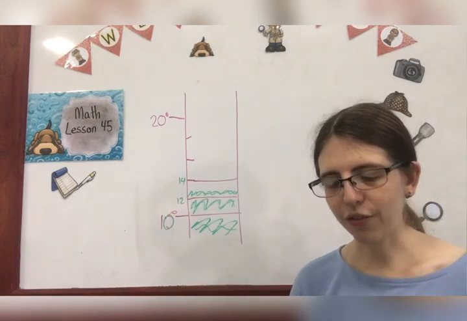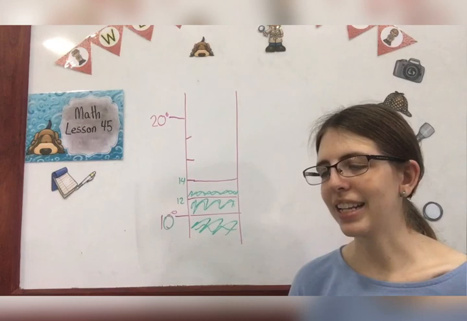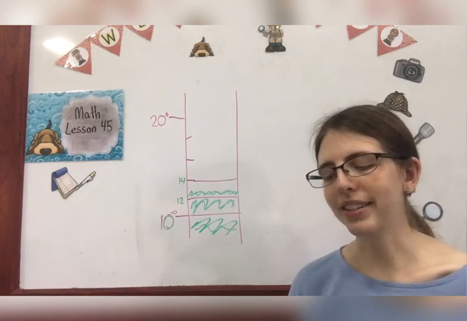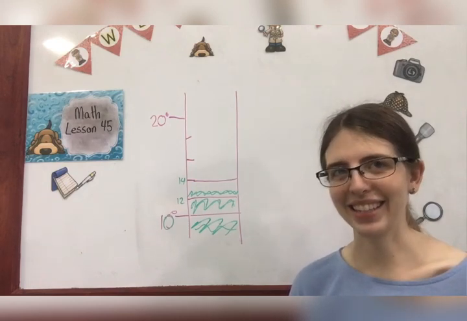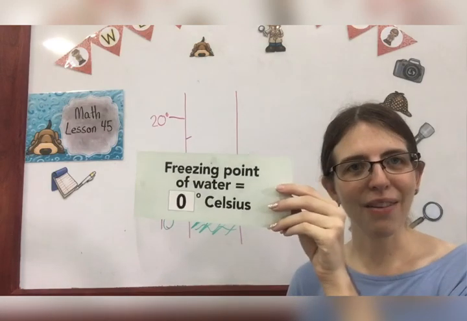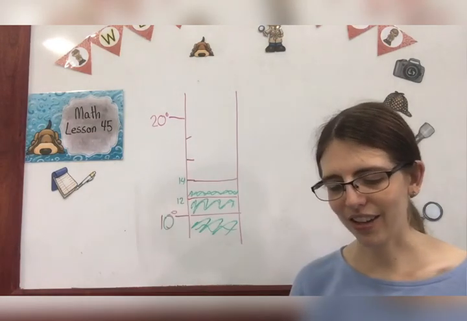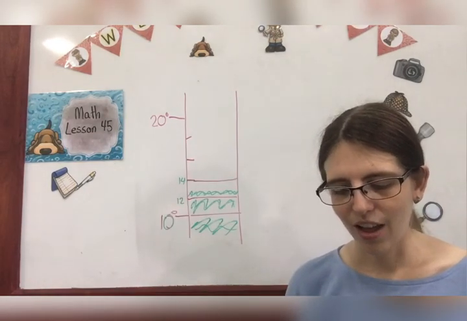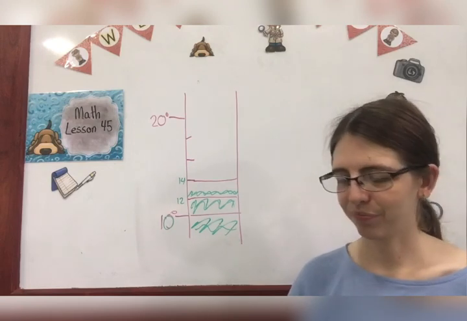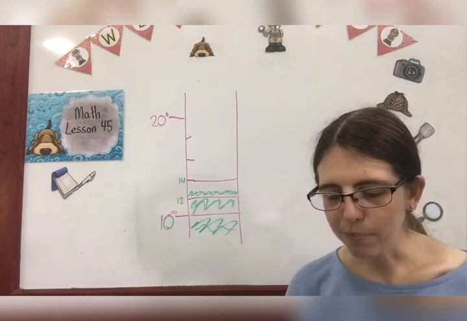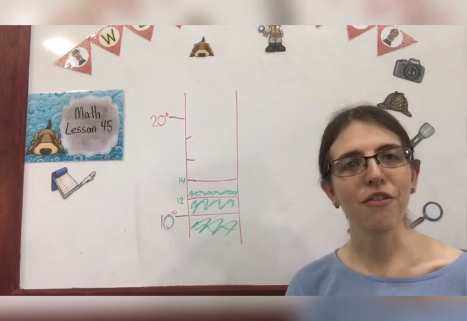Letter B is the freezing point of water, but in Celsius. So what is the freezing point of water in Celsius? 0. 0 degrees Celsius. Very, very good. Okay, letter C. The boiling point of water in Fahrenheit.